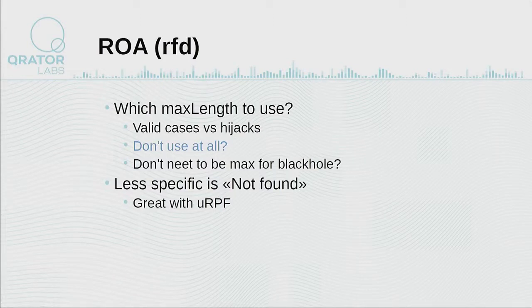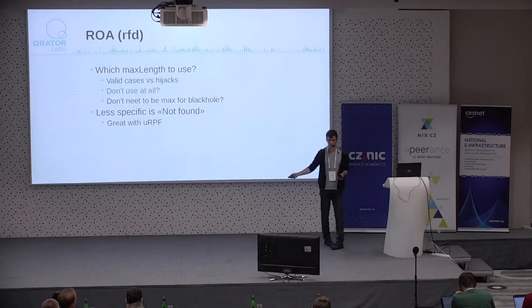Why is this bad? If we remember, there is uRPF that, for example, supports these decisions, and it's based on BGP routes. And if we have a less specific, for example a /1, we can use any IP address from this block. So if we want to spoof, this is a great example of when we can do such an action. And secondly, a less specific is better because you are redirecting all of the unrouted traffic to yourself.